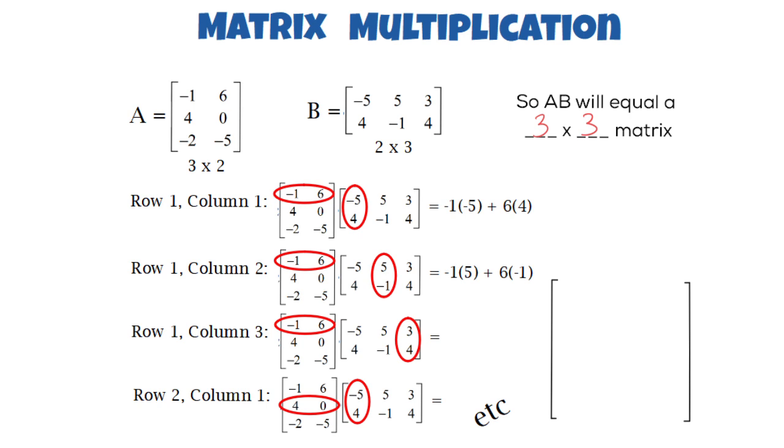To find the value to put in the first row, first column, you take your first row times your first column: you take this first element times this first element, and the second element times the second, and you add them together, and that's what goes in this spot.